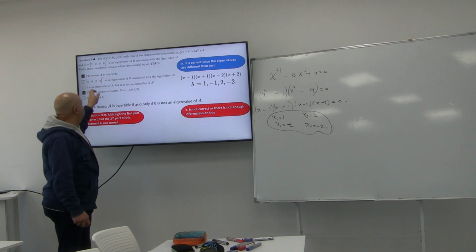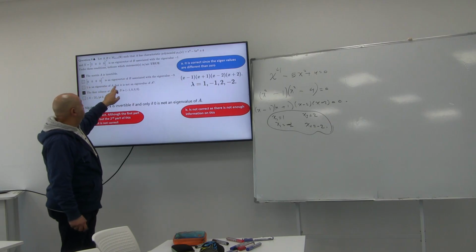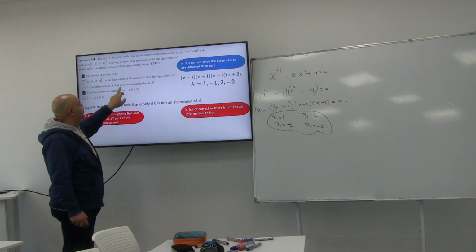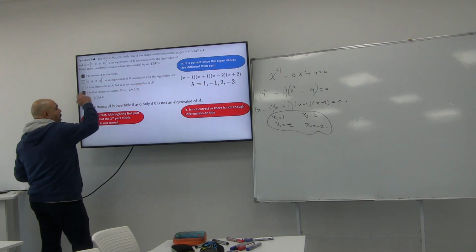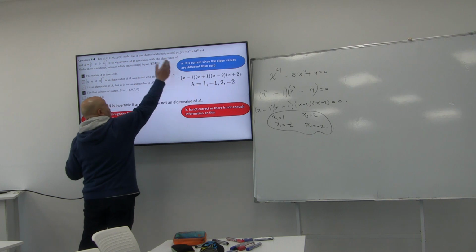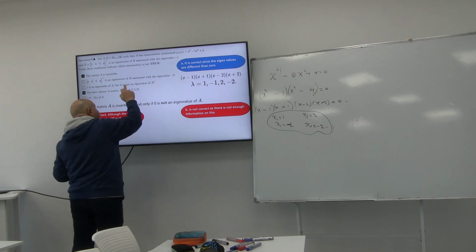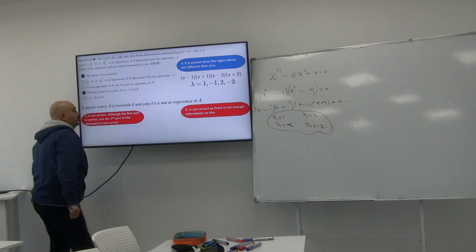Number C: 1 is an eigenvalue of A, but it is not an eigenvalue of A power 5. This is not correct, since 1 is an eigenvalue of this problem, so it will also be an eigenvalue for A power 5. So once more we face the "not" trick.